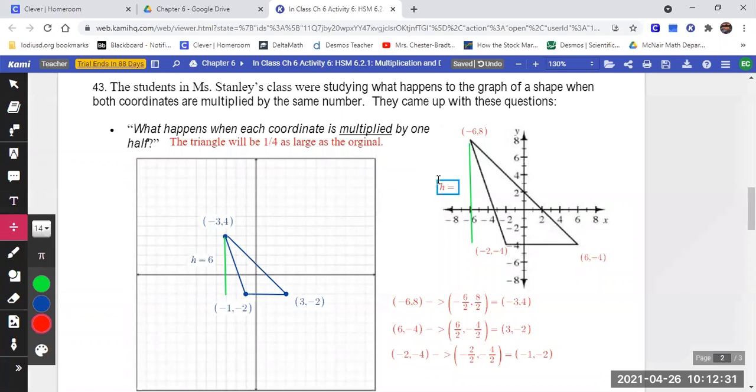What were we doing to our x's and y's? What did we multiply by? What does it say we multiplied by, guys?